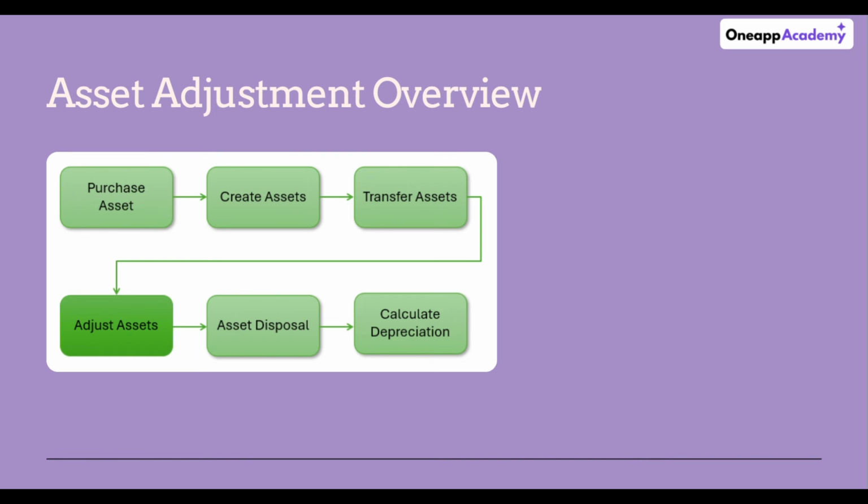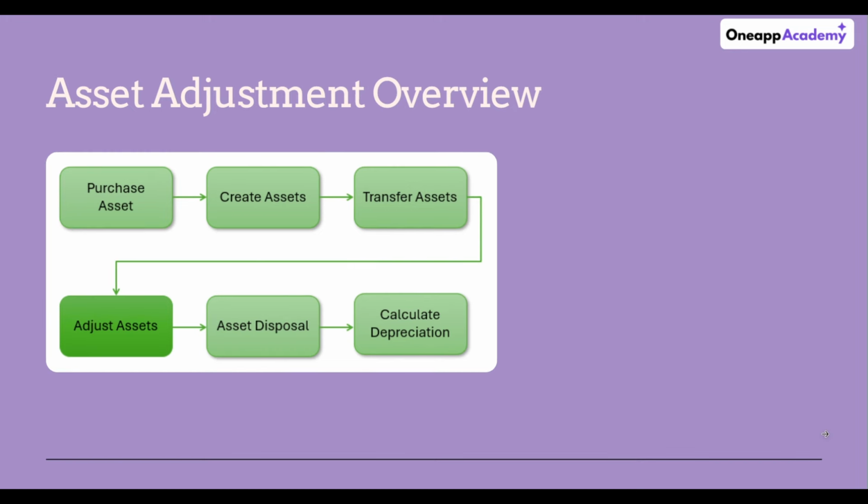So this cycle from purchasing to depreciation forms the backbone of asset management in Oracle Cloud, but also in other asset management systems. So this is the typical life cycle that you would expect for assets. And we can see that each step is interconnected, and we can also see how the adjustment of assets is an important aspect of this cycle.